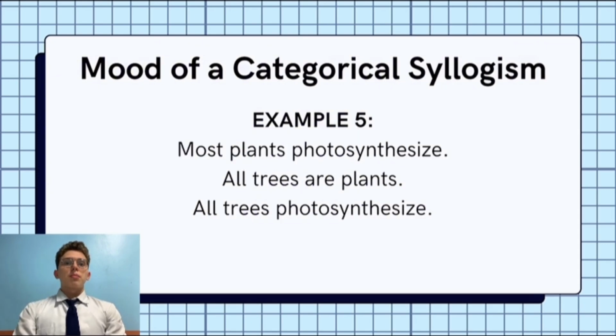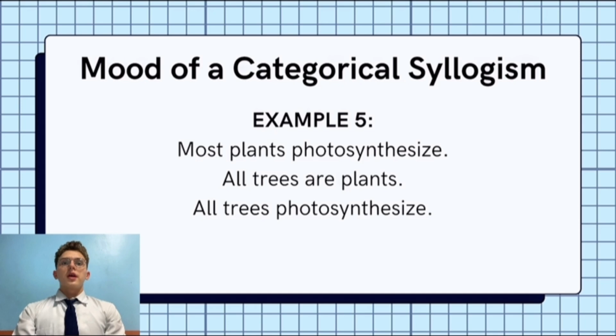With the last example, example 5, most plants photosynthesize. All trees are plants. All trees photosynthesize. In the fifth and final example, the flow goes from some to all are and ending with all are, meaning the mood is the same as the third and fourth examples, being IAA.